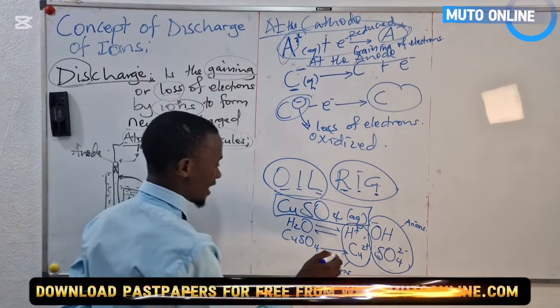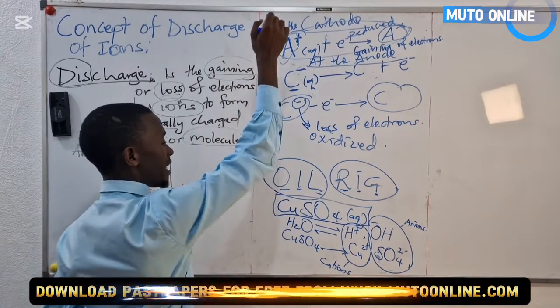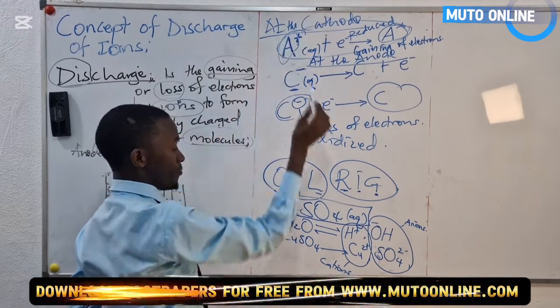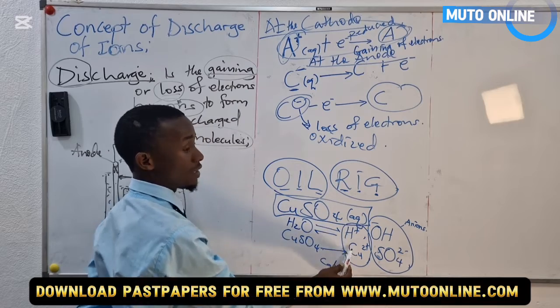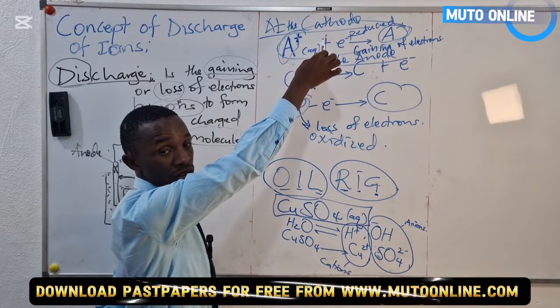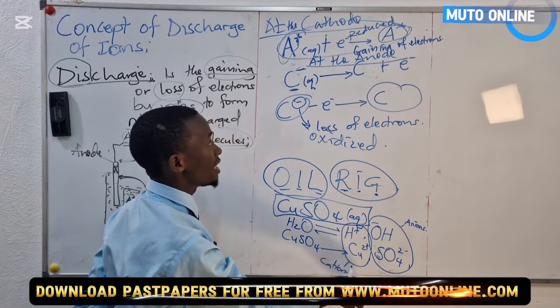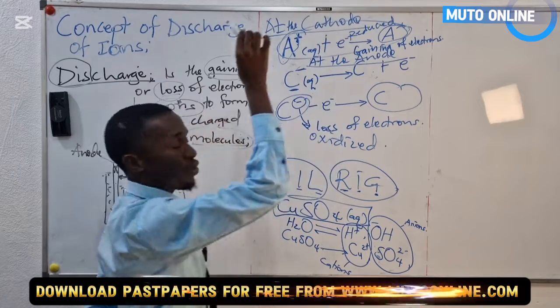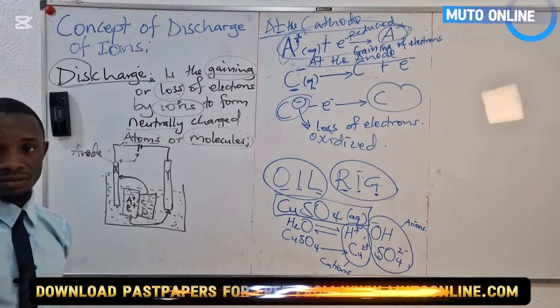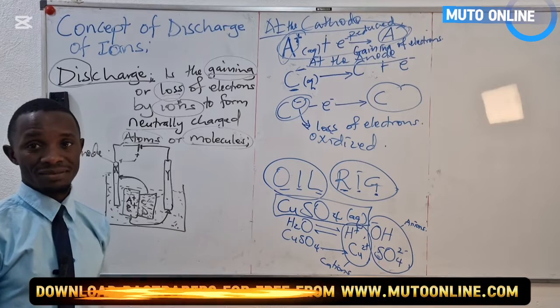We are going to find that the hydrogen and copper will migrate to the cathode. Why? Because these two are positively charged, so they will go to the negatively charged electrode. And once there, one of these will be discharged by gaining of electrons or by reduction.